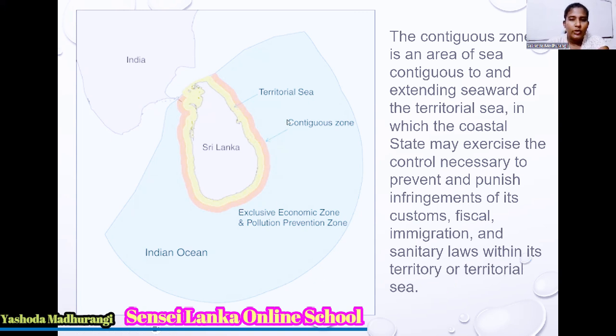This area is not ours, that is the border of the territorial sea. If any bad activity is happening there, we have a right to talk for that, but that area is not legally ours.